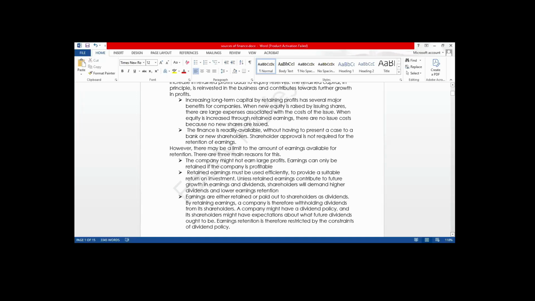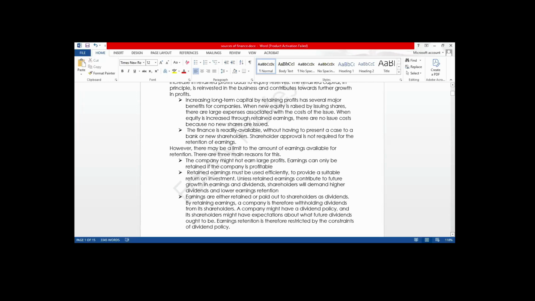Now, where a company has a dividend policy, shareholders might have expectation about what future dividends should be.